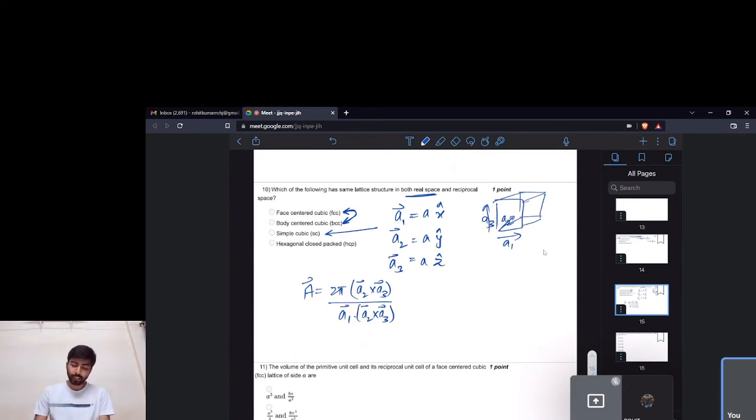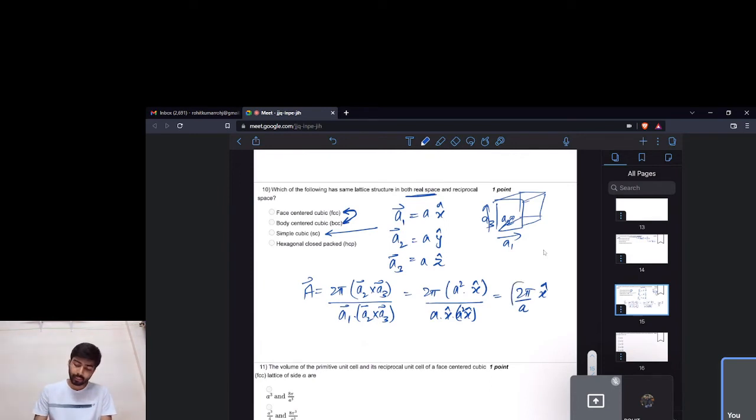now a2 cross a3 is nothing but a square, y cross z, which is x cap, and a1, which is a x cap, dot a2 cross a3 is again a cubed times x cap. X cap dot x cap is 1, a cancels, and we have a square x in fact here, so we have 2 pi by a x cap.